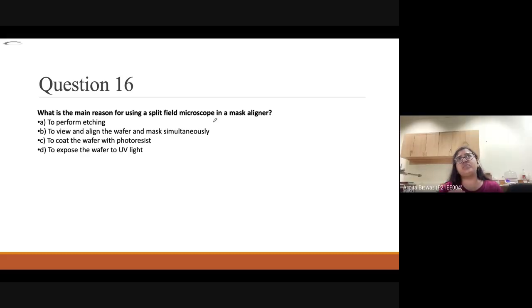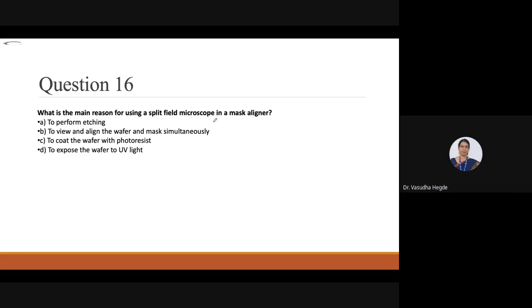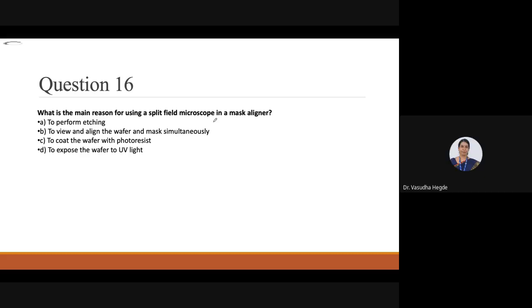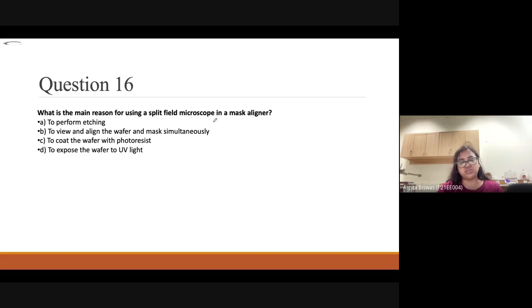Okay. So the softened part will be removed, and then which process will we do? The etching process, which can be a dry etching process or a wet etching process.